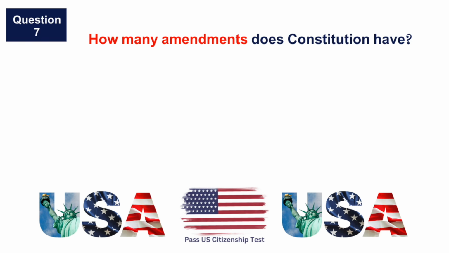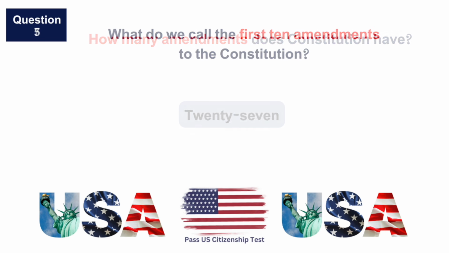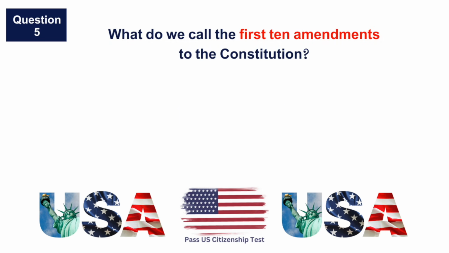How many amendments does the Constitution have? 27. What do we call the first 10 amendments to the Constitution? The Bill of Rights.